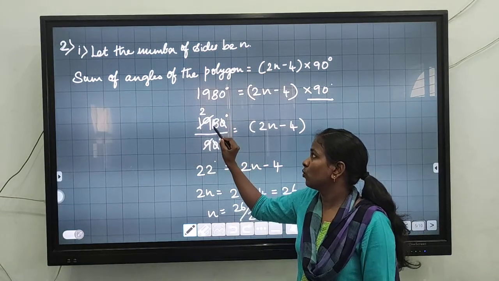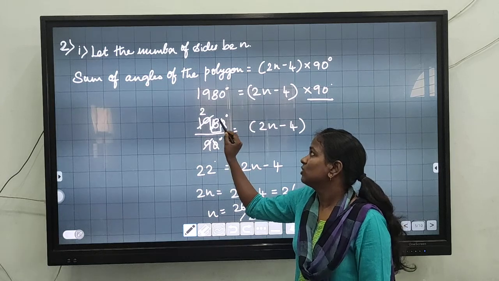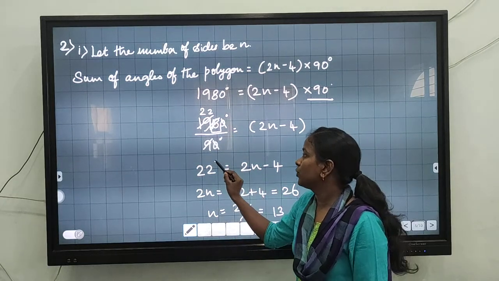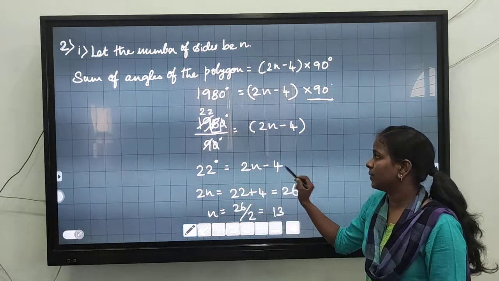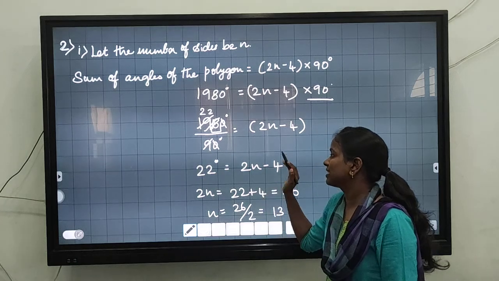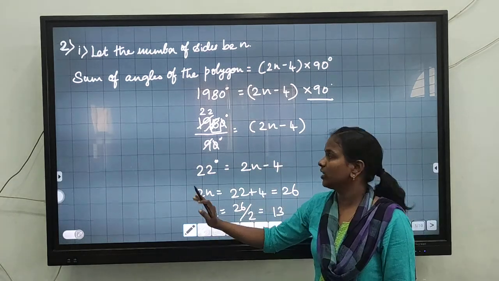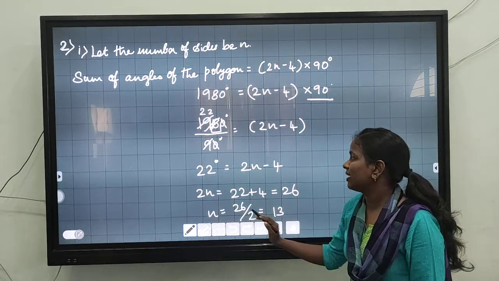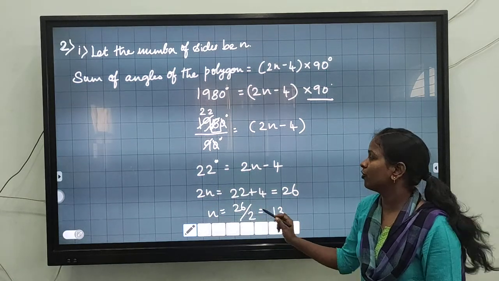I write 1, so the next number becomes 18. Again 9 twos are 18. So what will come? 22 degrees equals 2n minus 4 on the right-hand side. We want only the n value, so except n, we take everything else to the other side. I keep 2n on one side and take this minus 4 to the other side, so it will become plus 4.